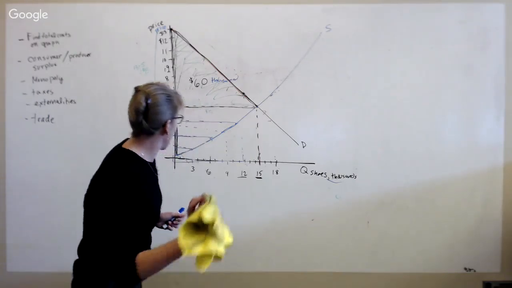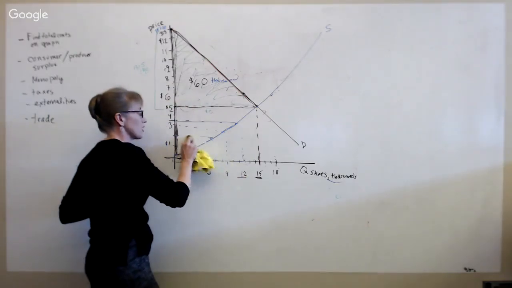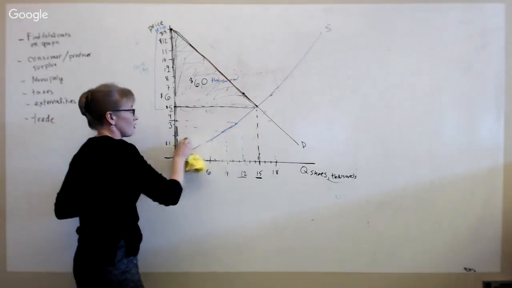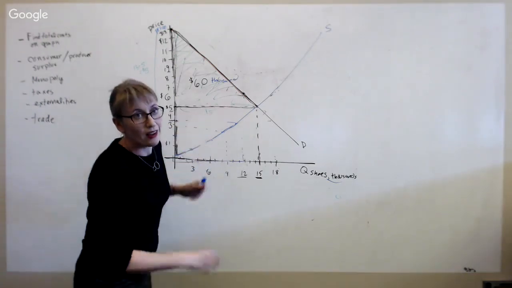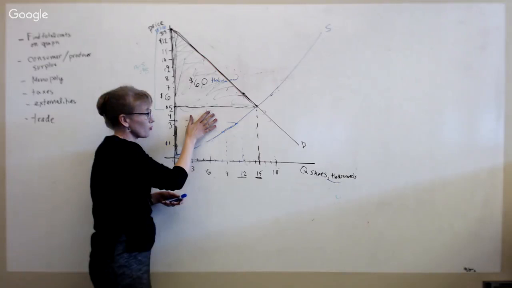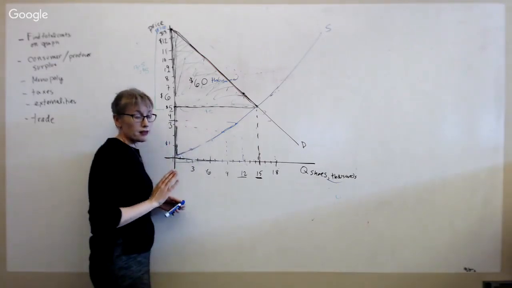So that's why our producer surplus is represented by the area under the price and above the supply curve.